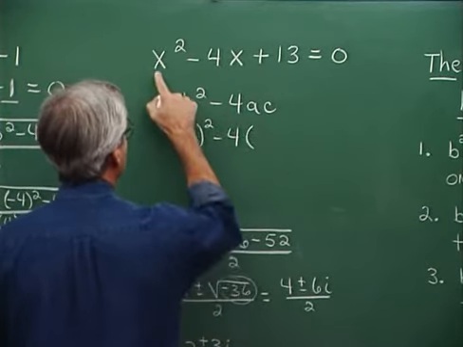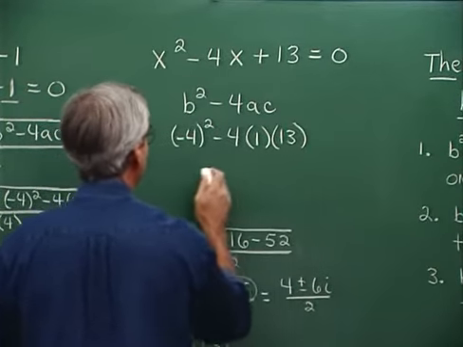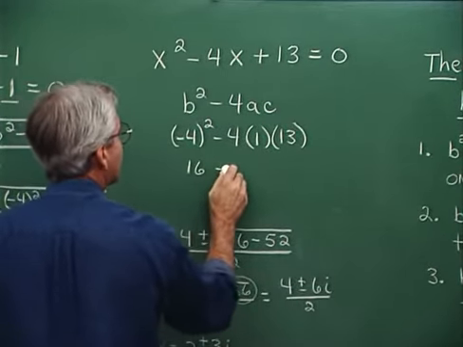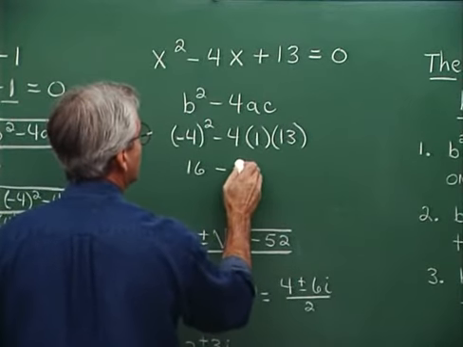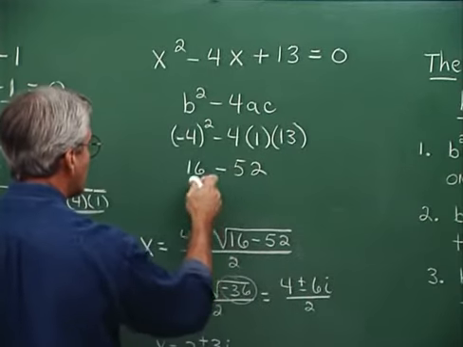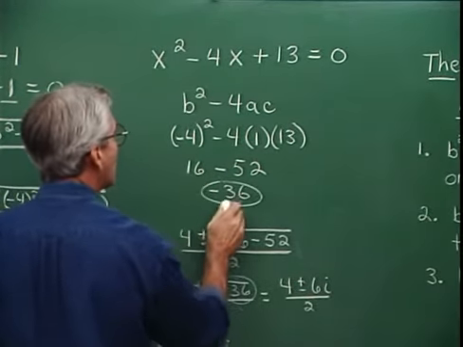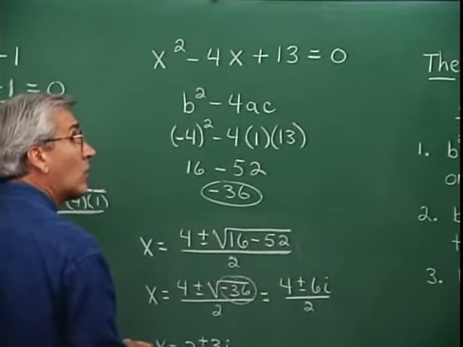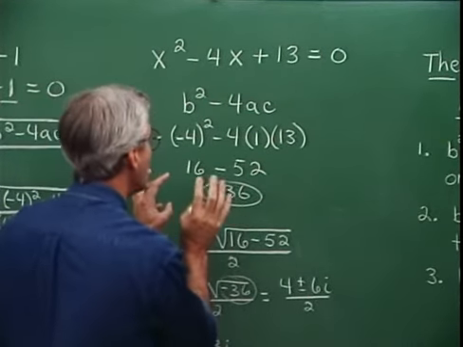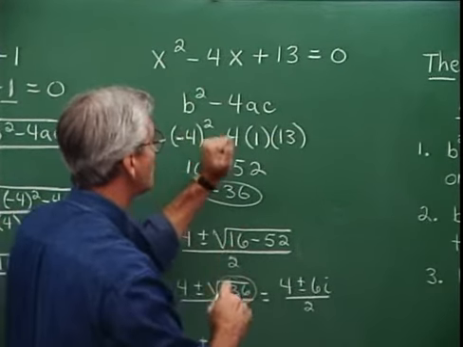Minus 4 times a is 1 times c, 13. Now this is 16 minus 4 times 13 is 52. And so 16 minus 52 is negative 36. Aha, a negative number. And that tells us then that we are going to get, as a result of this, two complex solutions to that quadratic equation.